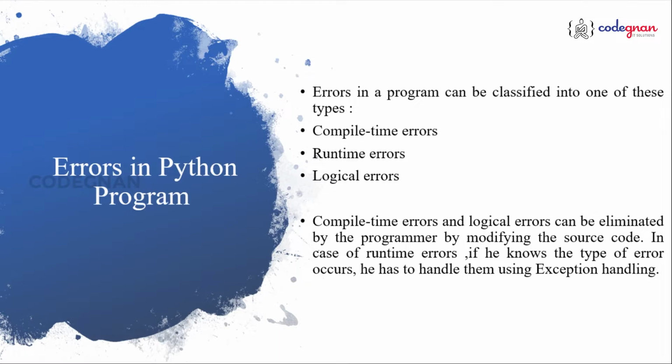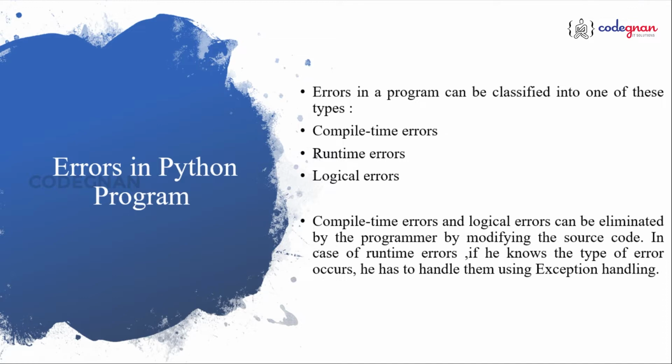Because Python is a scripting language, it doesn't have compilers, we use an interpreter, but compilation will take place, right? That's where you see syntactical errors, because the syntax is not matching according to the documentation. So compile time errors and logical errors can be eliminated by the programmer by checking the source code. There is no handoff to the interpreter. But we can handle runtime errors.